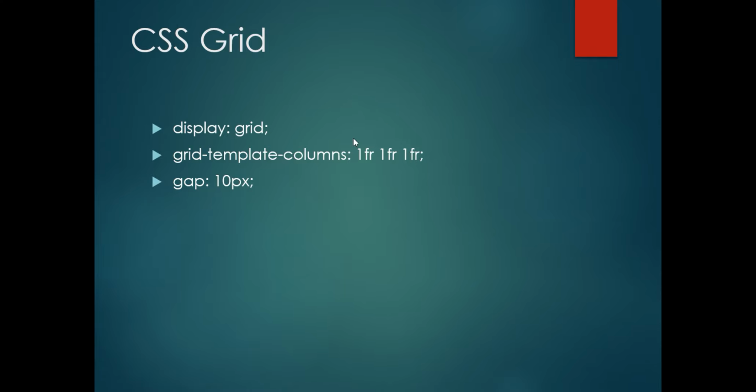This is where we define them, and you can also give your grid columns, how you want them to be in columns, and the gaps in between them. Maybe you want a particular box to be 10 pixels away from each other.